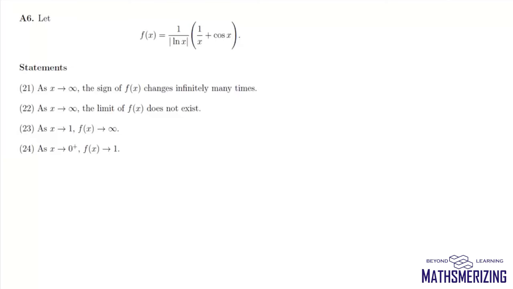Now for the 6th question, we are given this function f(x) as 1 upon mod log x into 1 by x plus cos x. Now we can take this limit x tends to infinite f(x). When x is positive, mod log x is simply log x, so it will be 1 upon log x into x plus 1 upon log x into cos x.